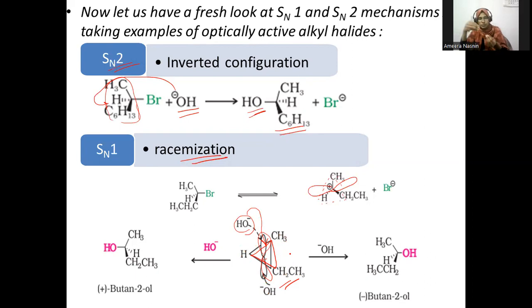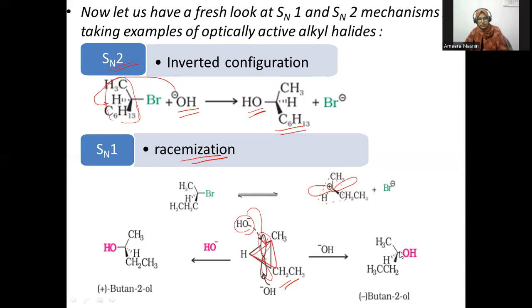So there is an equal probability that the nucleophile can attack from either side. So we will end up with a dextrorotatory product and a levorotatory product. This is, in a nutshell, what the mechanism of SN1 and SN2 reactions looks like. Okay, thank you.